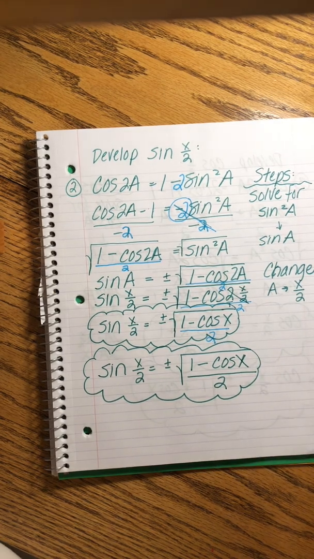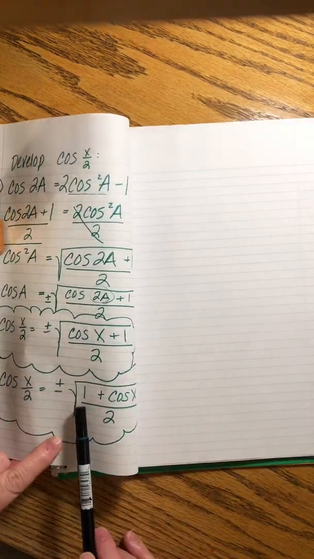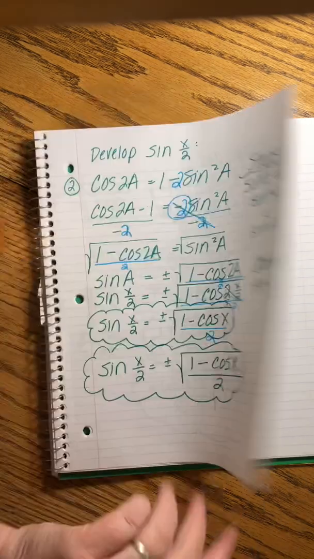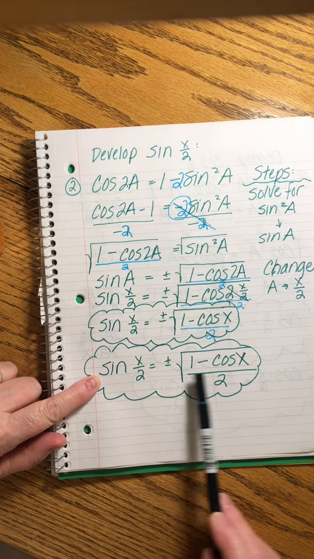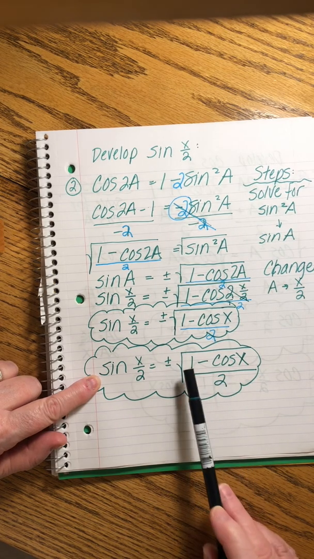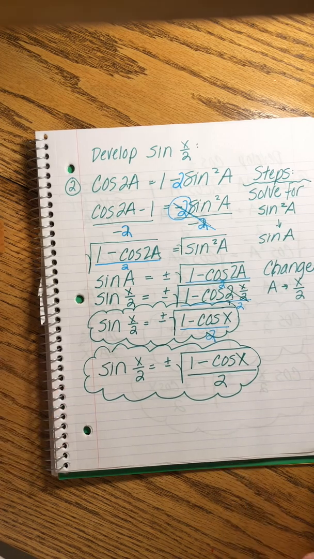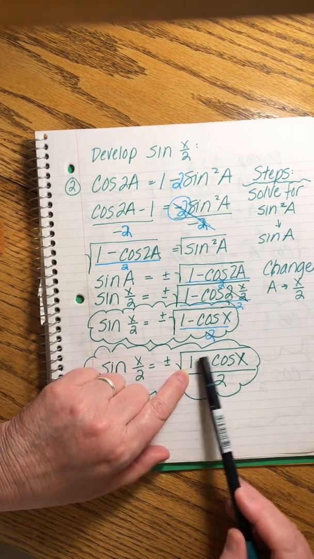Now, let me tell you about why a lot of people like to see this written as 1 plus cosine of x. Because look, when you have the half angle sine identity, it's 1 minus cosine over 2. It has to be in this order, right? Well, it doesn't have to be, but this is much more useful here because it puts the minus sign in the middle, right?